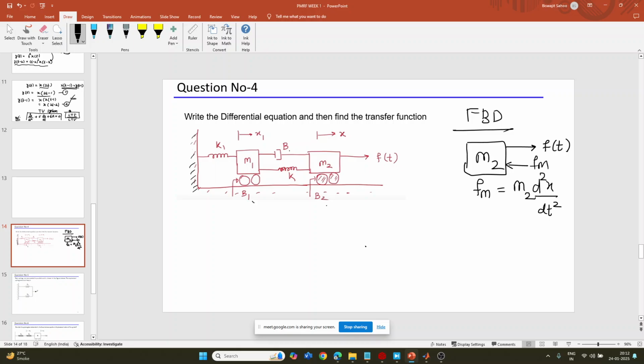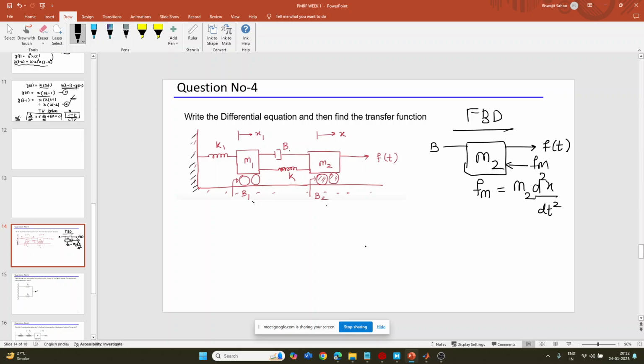Now what are the other things connected to this body? This B is connected between the mass m1 and m2. Whenever this body is displaced to the right by x, this B also displaces some distance.